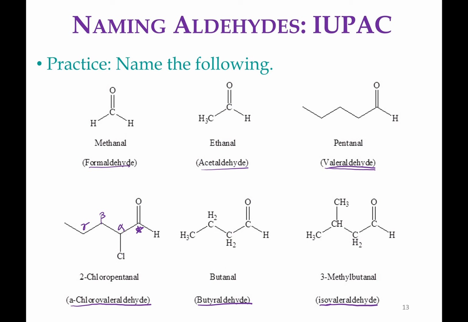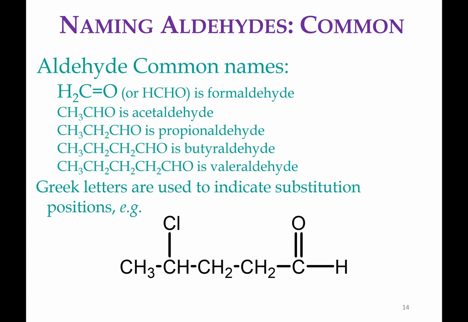So sometimes you might get angry at the IUPAC system, but common naming for aldehydes is just so. Like this is our one from the previous slide. We have 1, 2, 3, 4, 5 carbons, and we have this chloro group. So you use Greek letters to indicate the position. So this would be our carbonyl compound, gamma-chlorovaleraldehyde.